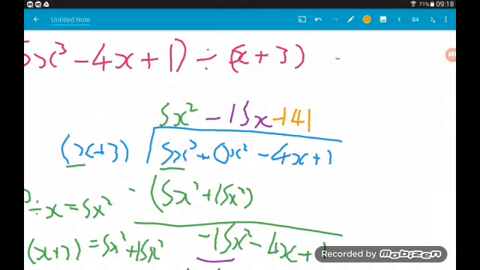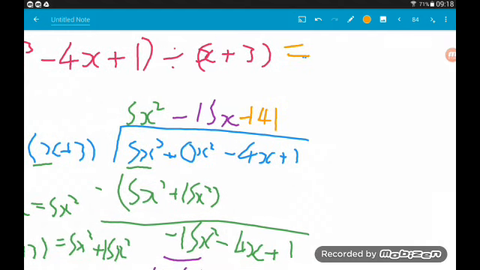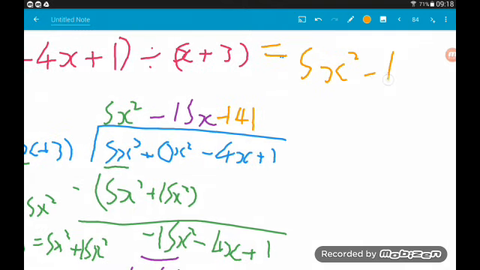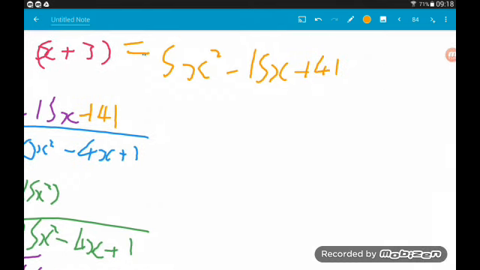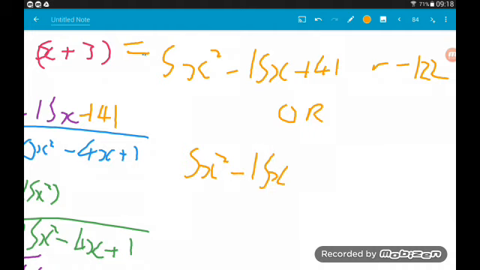Well, we can say it's 5x squared minus 15x plus 41, remainder minus 122, or we can write it as 5x squared minus 15x plus 41 minus 122 over x plus 3, like that.